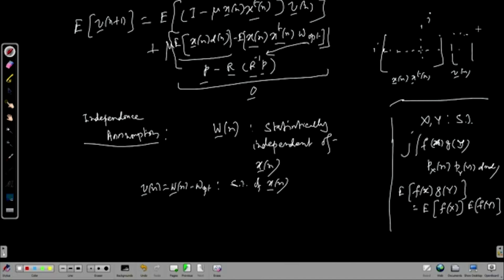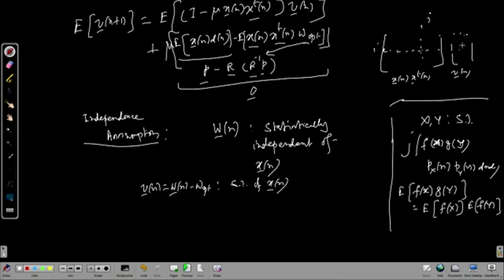Then the overall expectation is an expectation of a function of x and a function of v. So, expectation of x(n minus i) x(n minus j), multiplied by the expectation of the corresponding term here, v(n minus j), and so on and so forth for all the elements.